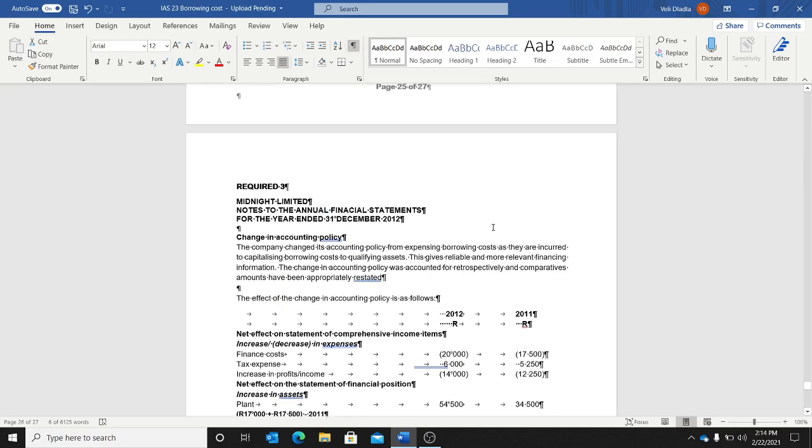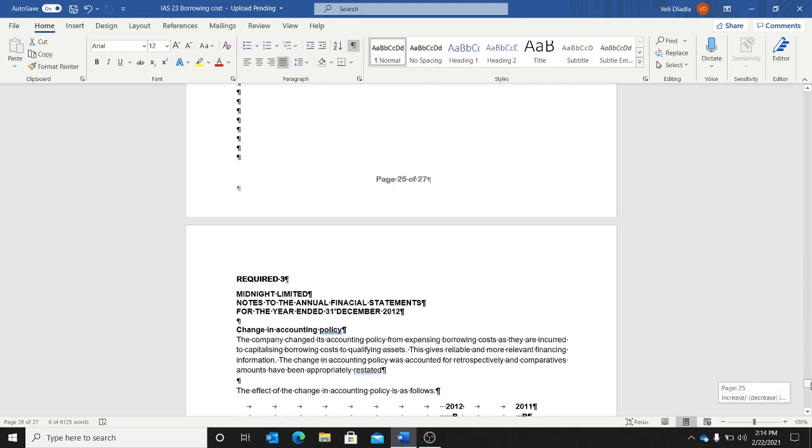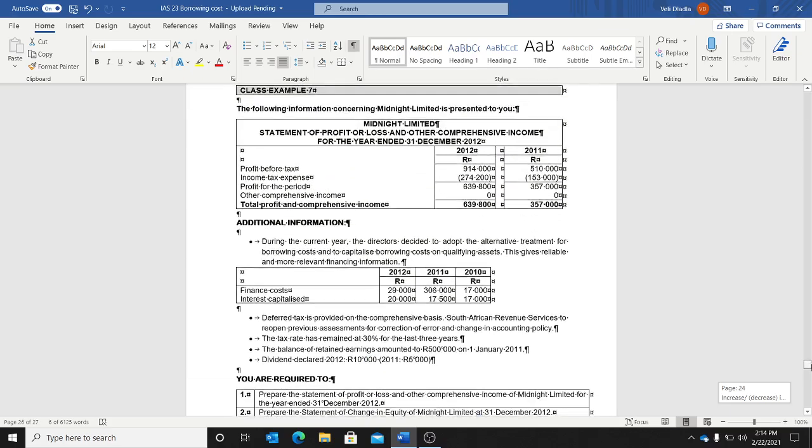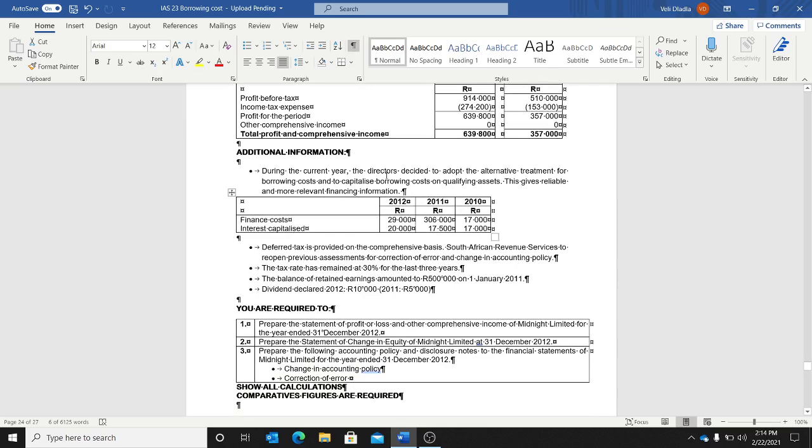Now let's then check. Here we go. Right, let's analyze the question. So you were expensing, and you decided to adopt an alternative for borrowing cost and to capitalize borrowing cost on qualifying assets. Expensing, now we are capitalizing. So if you are sitting, for example, with 29 while you're expensing, you must move 20 out.